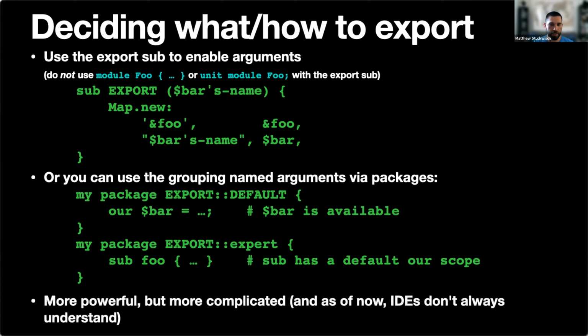But yeah, these methods are both more powerful, but they are definitely more complicated. And with that complexity comes tools struggling with them. I do use the sub export in one of my modules, and it's actually a little frustrating because Comma, at the current moment of August 13th, 2022, does not know how to handle that.